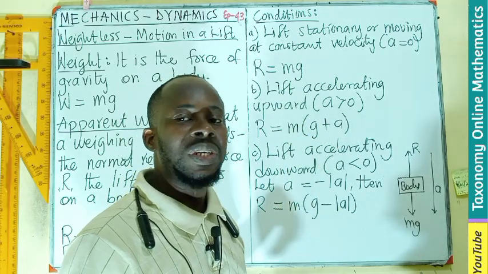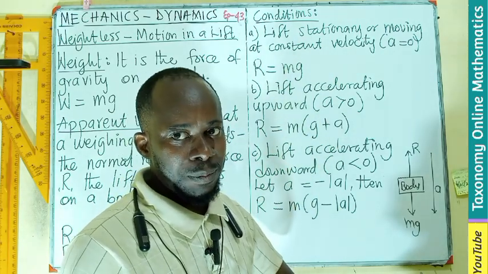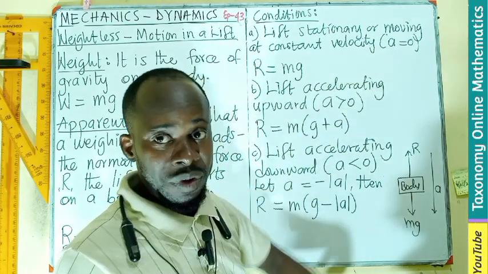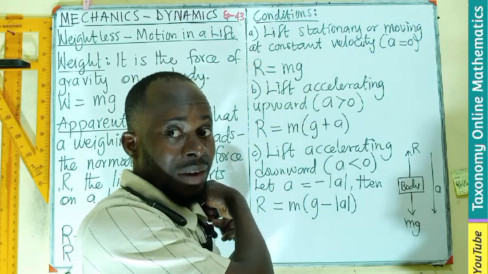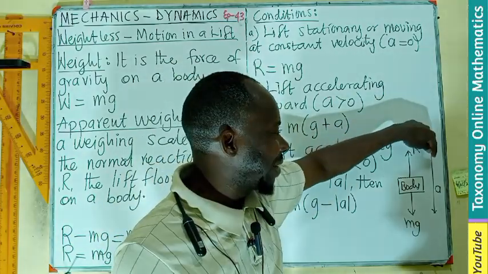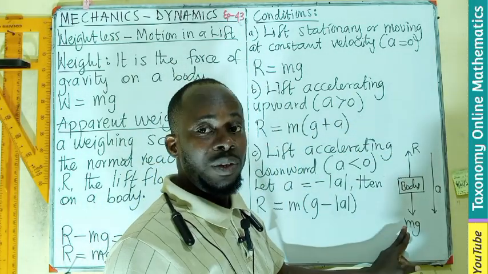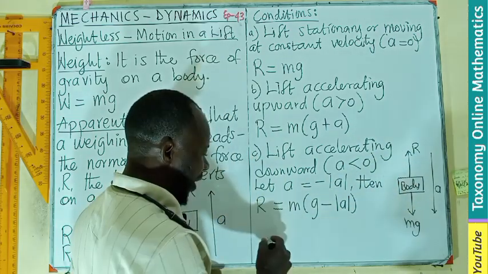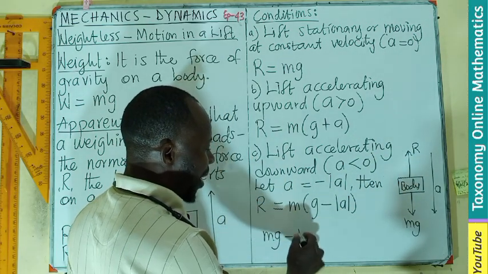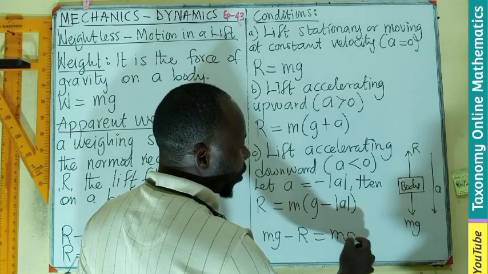We take that acceleration as what? Negative. That acceleration, that the body is moving down, as negative. So if you pick it as negative, the same concept can be done. But here we are saying that as this is moving down, this particular force becomes bigger than this. So I'll be having mg minus normal reaction equals what?